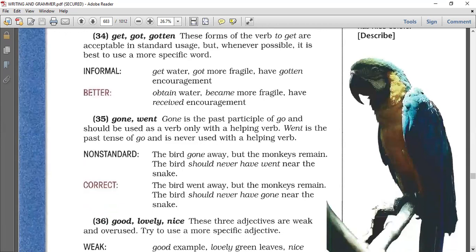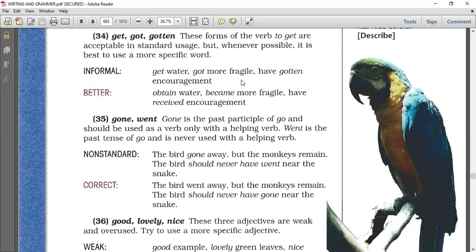Get, got, and gotten. We can also say get, got. These forms of the verb to get are acceptable in standard usage, but whenever possible, it is best to use a more specific word. What do you mean? Look, get water, it's better to use obtain. Obtain means get, but it's a more standard word: obtain water.